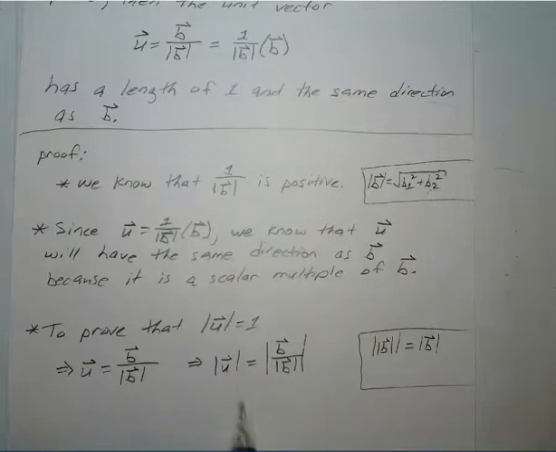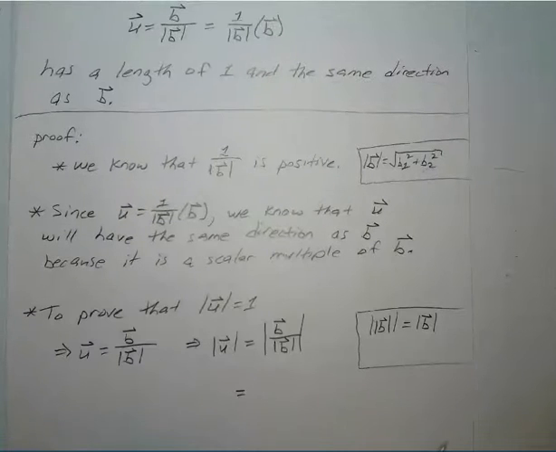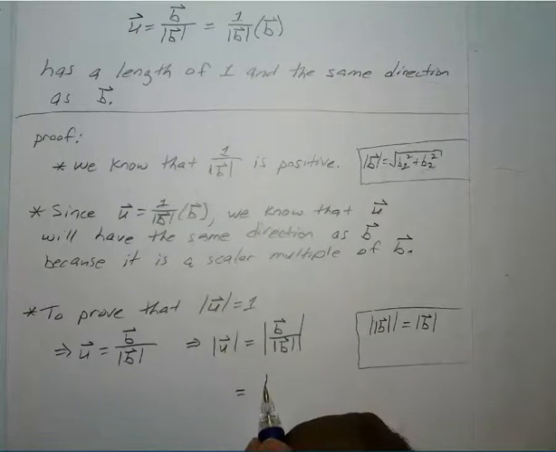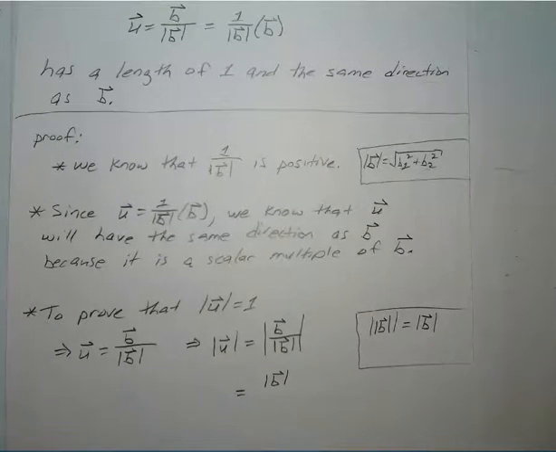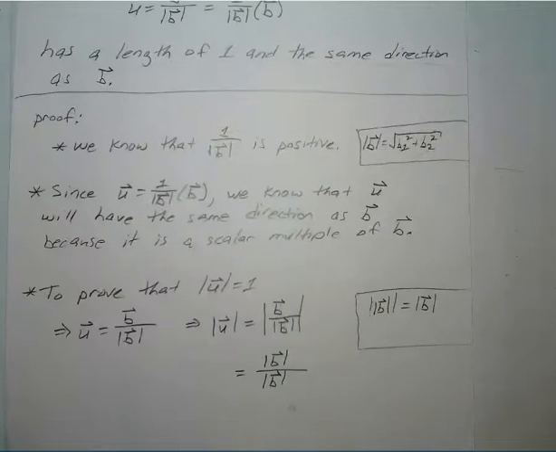So we can break that up and say that the magnitude of our b vector up top is divided by the same magnitude of the b vector at the bottom, which, anything divided by itself, of course, is just equal to 1. All right, so that's how we know that this theorem is actually true.